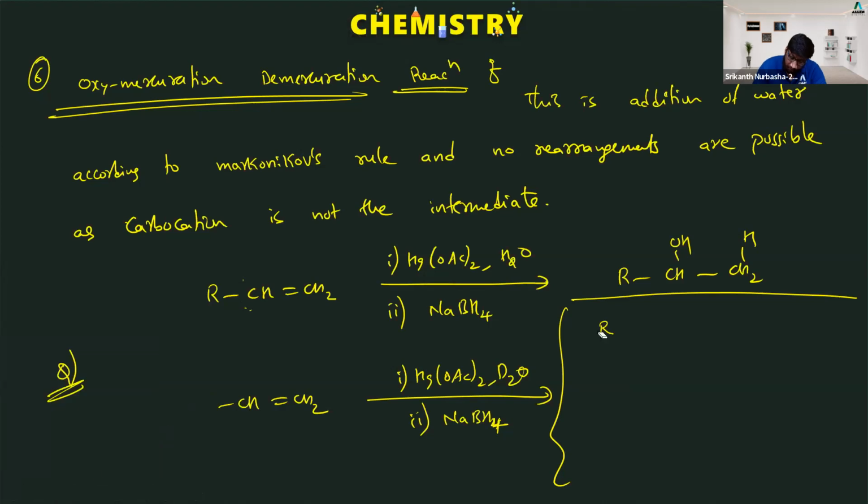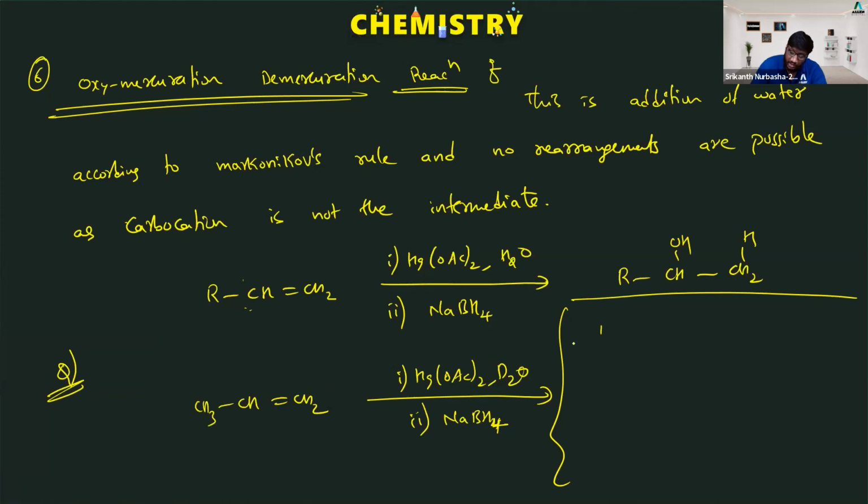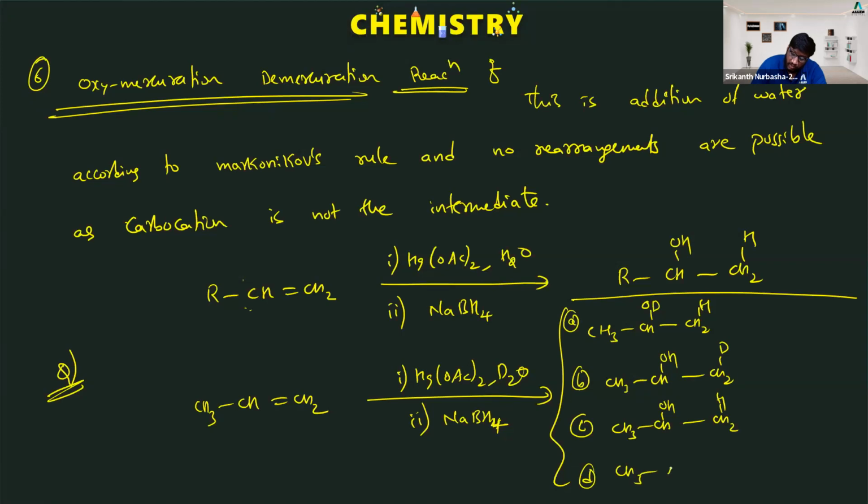R is CH3, so CH3CH=CH2. Option A: CH3CHD CH2D. Option B: CH3CHOD CH2H, or CHOH CH2D. Option C: CH3CHOH CH2H. Option D: CH3CHOD CH2D.